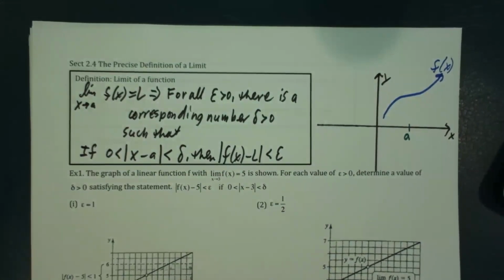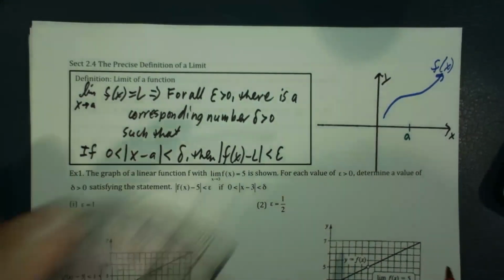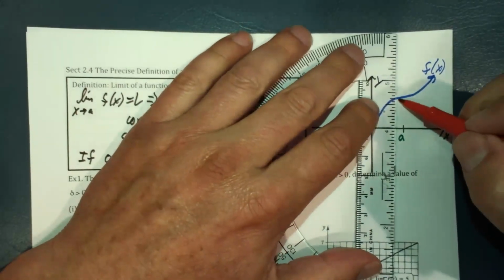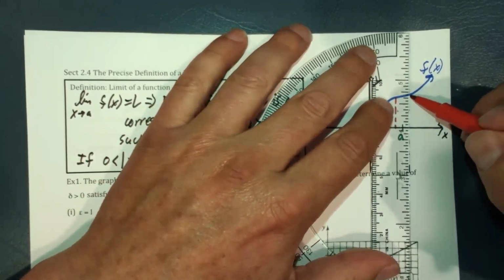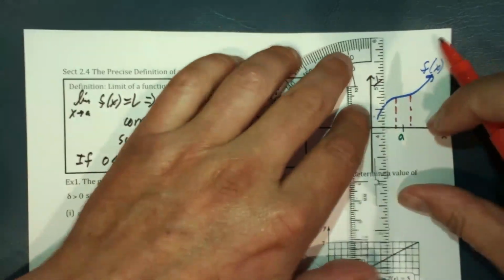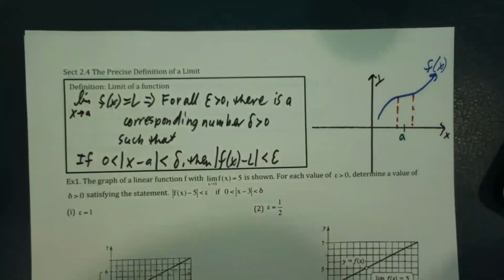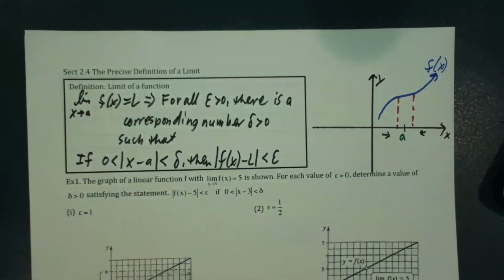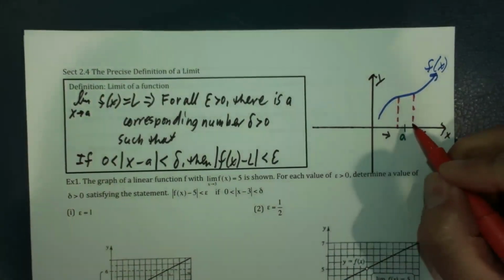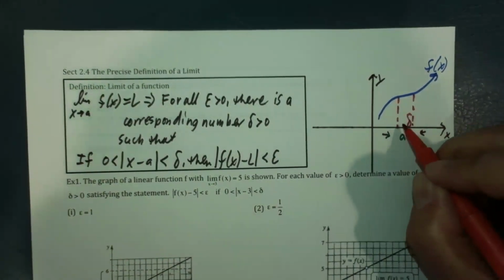And what's happening is we are going to end up with some wiggle room just to the left and just to the right. And what we're saying is the distance away, and you can see what we're doing is we're squeezing these in. So we're approaching a from both directions. Remember, the limit has to be the same from both directions. And what we're saying is this distance here is a delta, and here's another delta.